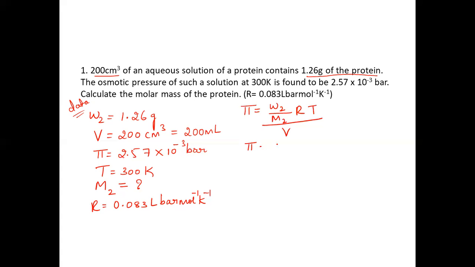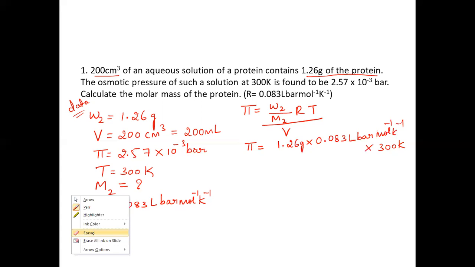Pi is equal to W2, which is 1.26 grams, into the R value 0.083 liter bar per mole per Kelvin into the temperature given, 300 Kelvin, divided by M2. M2 value is not given, therefore M2 has to be calculated. That I'll take to the LHS.